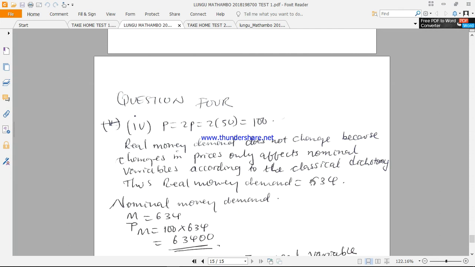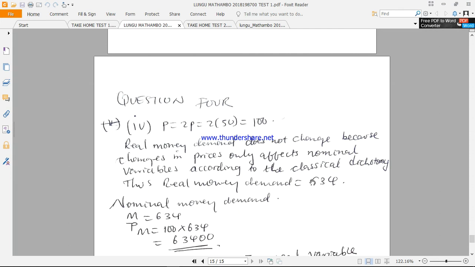Meaning that if we witness a change in, let's say, price levels, the only variables that are going to respond to that change are the nominal variables. Real variables are not affected by changes in price levels. This is because of the classical dichotomy.